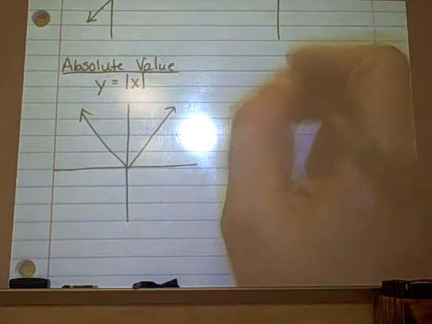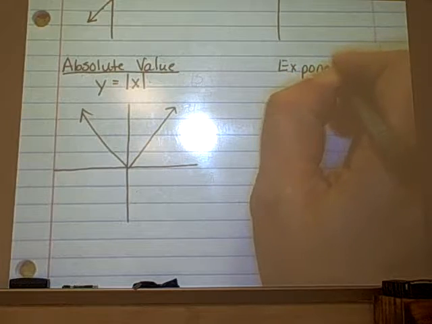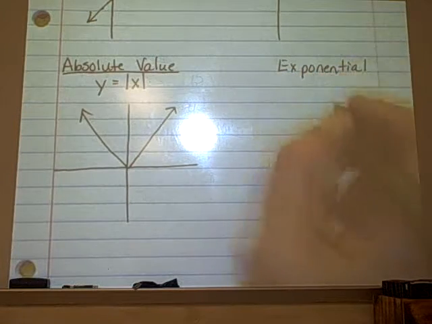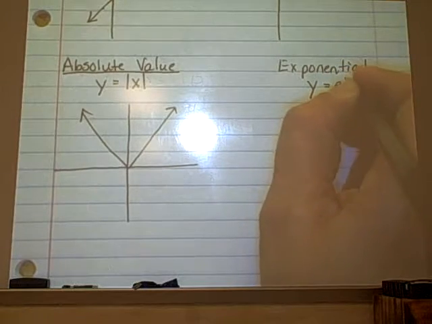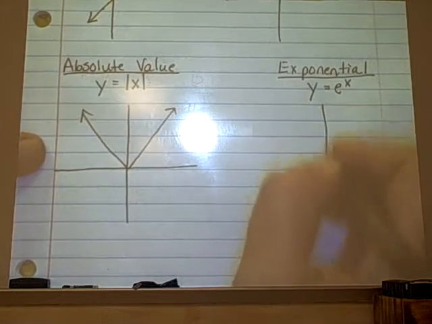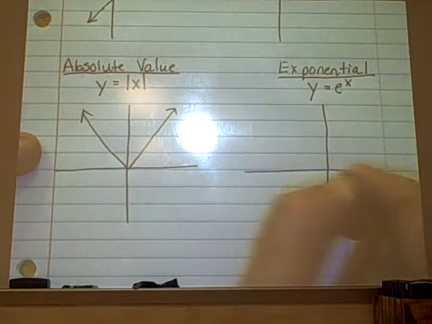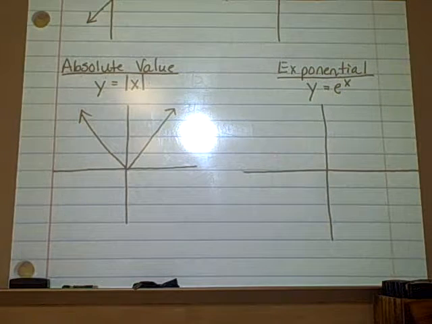Okay, then the last one, again, we won't use this one, but you need to recognize it. It's called exponential. And this equation is y equals e to the x power, which is kind of weird, I know. It's one of the reasons why we don't use it much. This one you use a lot more in Algebra 2 and pre-cal. So y equals e to the x power.